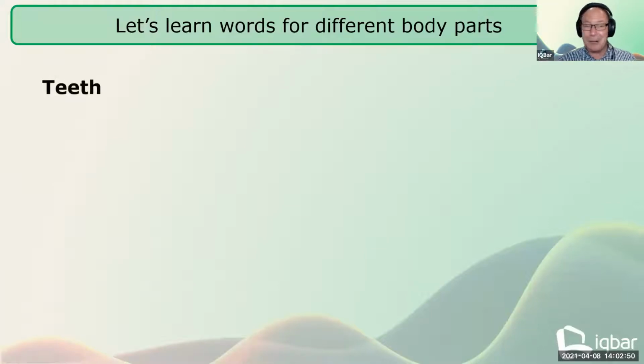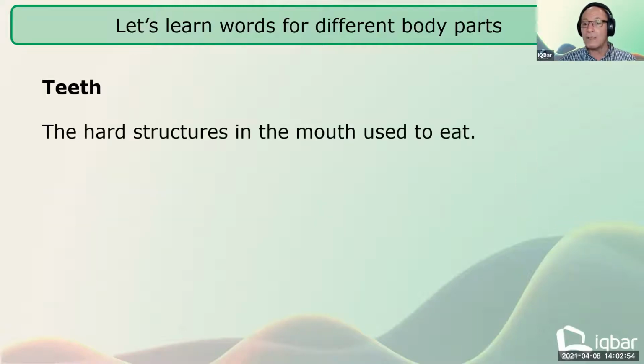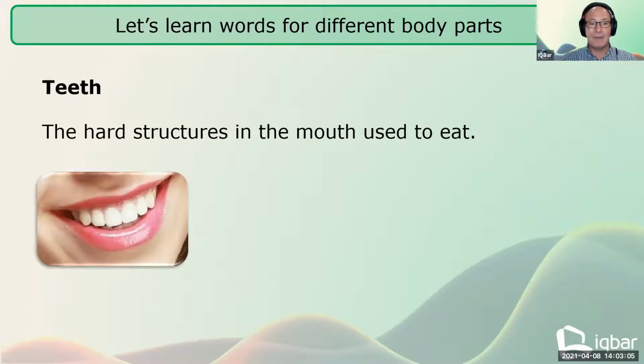Let's look at the next body part. And this is teeth. Now, what are teeth? Teeth are the hard structures in the mouth we use to eat with. And look at this lady's beautiful teeth.